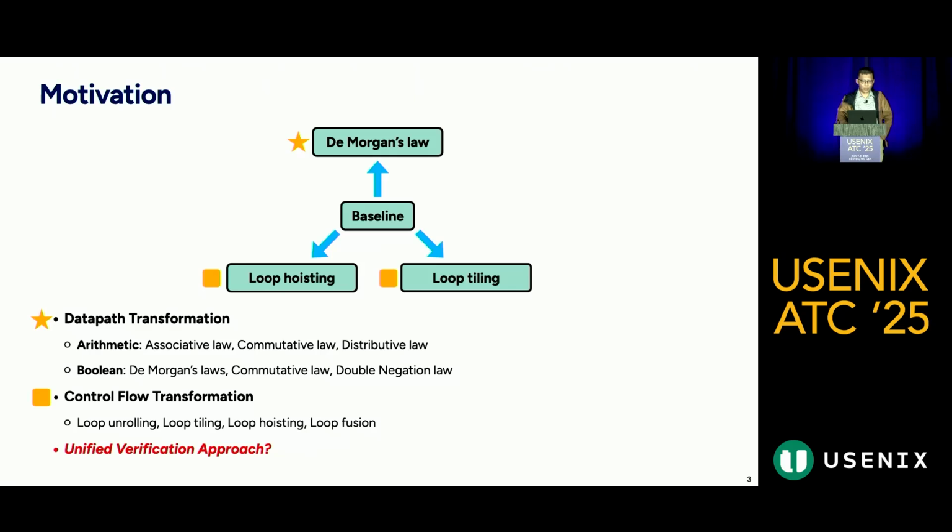Common control flow transformations include loop unrolling, loop tiling, loop hoisting, and so on. So our problem is, how can we provide a unified verification manner for both the datapath and the control flow transformation?